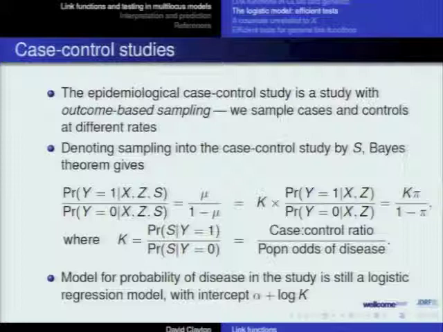Then this probably is insulting to anybody with an epidemiological basis, but what basically happens then is in the case control study, the probability of being a case in the case control study now involves the sampling fraction, which I've represented by K. But the important point about this is that for the logistic regression model, and perhaps this is one big reason why it's so popular amongst epidemiologists, the effect of the case control sampling is only to change the intercept in the model, not to change any of the coefficients.